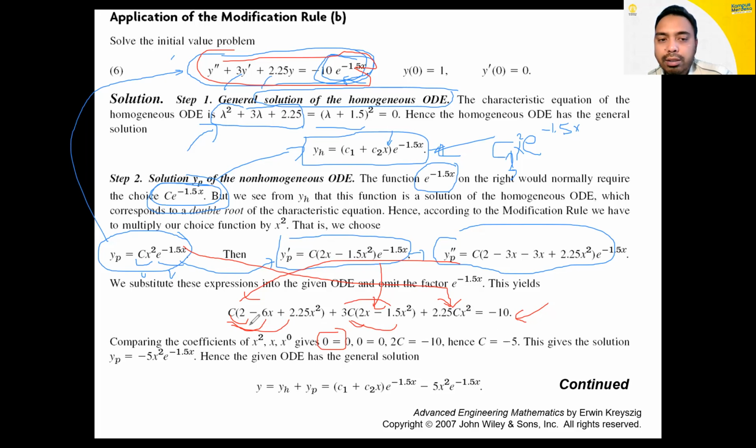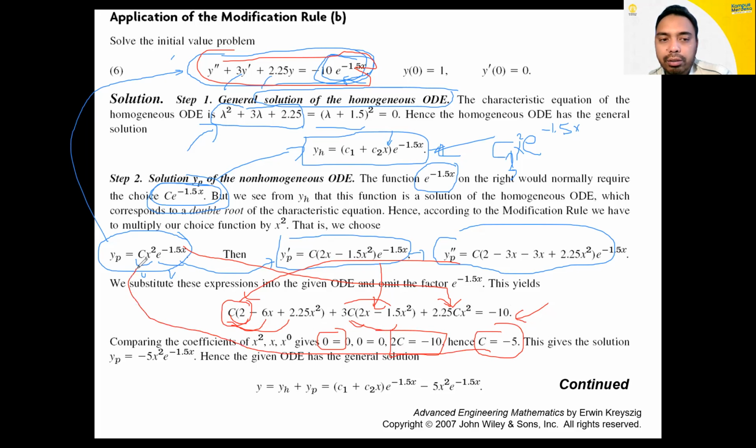On the constant term, we have 2c over here, and the rest is 0, equal to negative 10. So 2c is equal to negative 10, and you have c equal to negative 5.